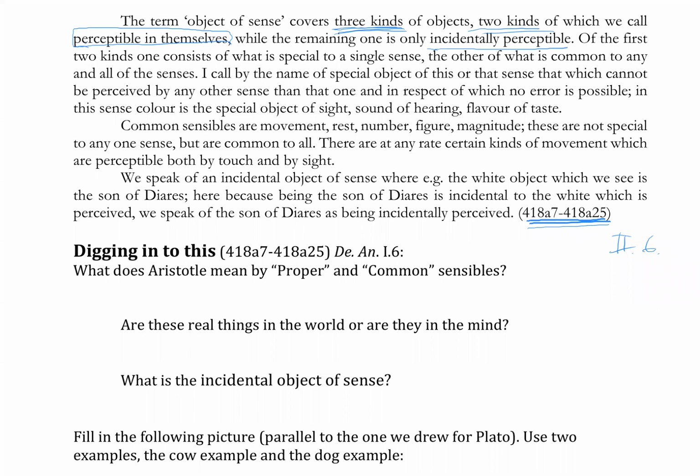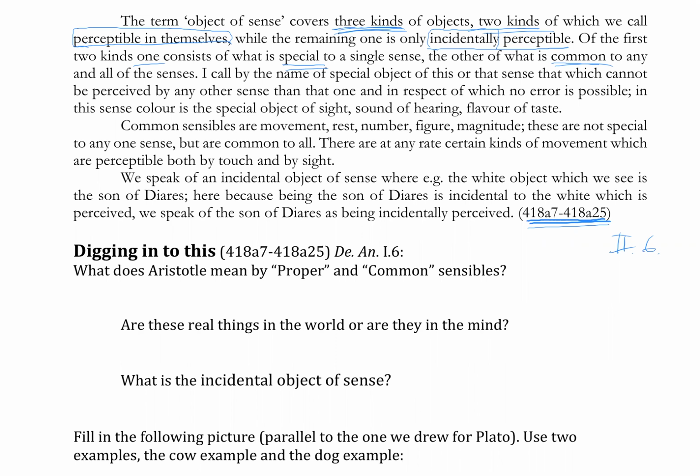Of the first 2 kinds, 1 consists of what is special to a single sense, the other of what is common to many and all of the senses.